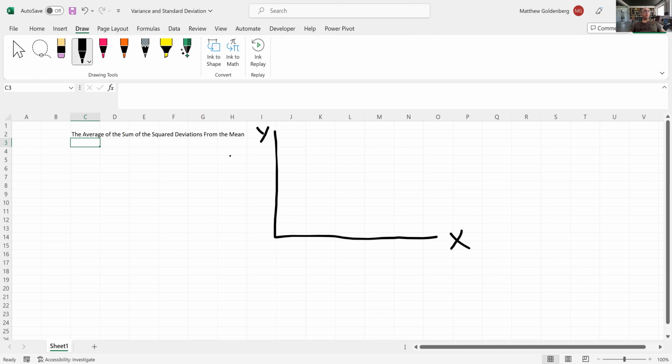So it could be height, it could be GPA. Let's just do grade. I'm going to do grade and GPA points. So an A is a 4. And then on the x-axis is another variable, hours spent studying.